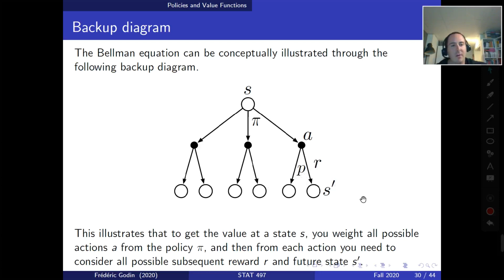This diagram shows that to calculate the value of a state S, you need to know all possible actions and their probabilities given by pi.